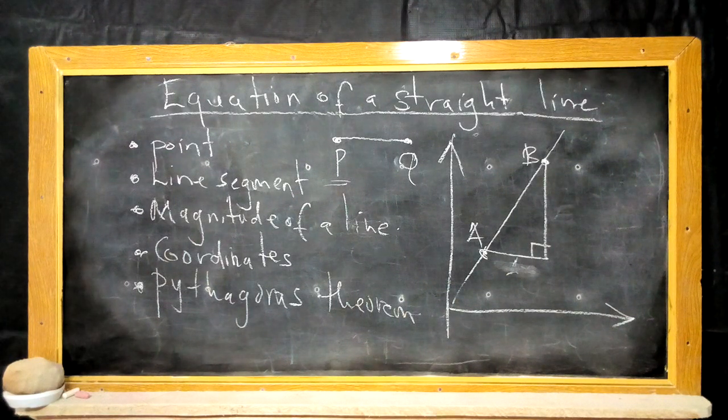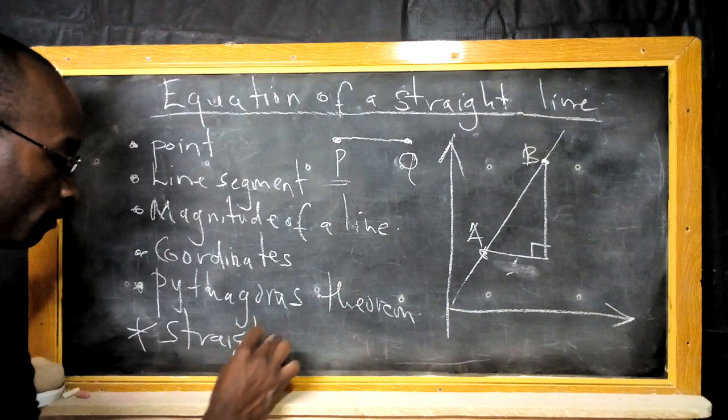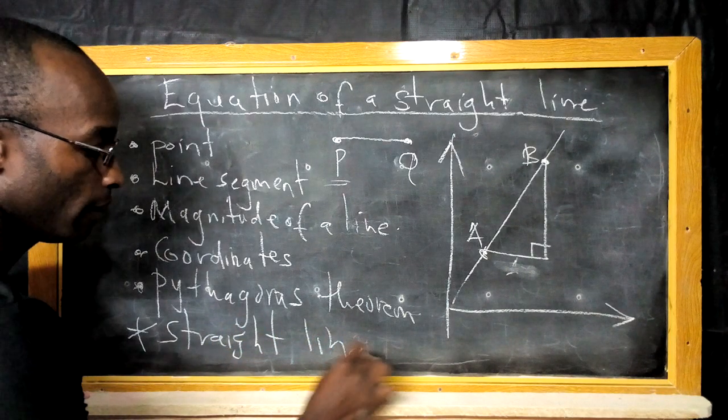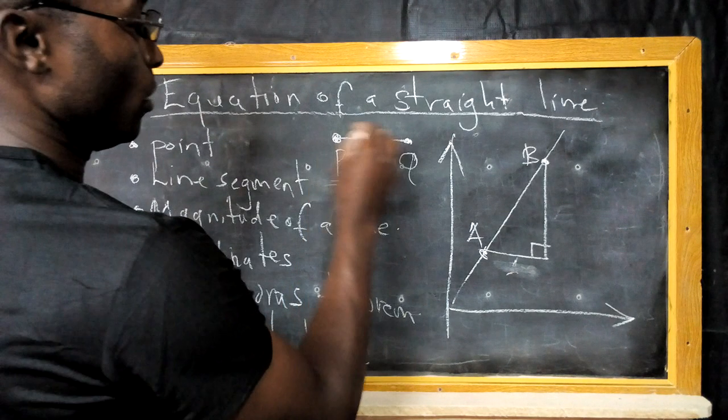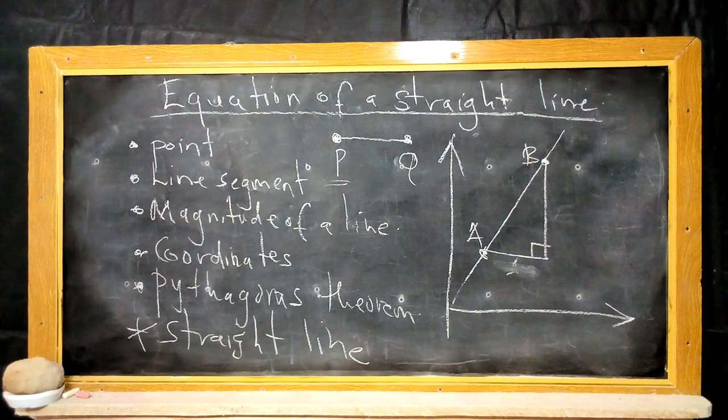And for that case, we also talked about a straight line and defined it as the shortest distance between the 2 points in space, of course, which is PQ.